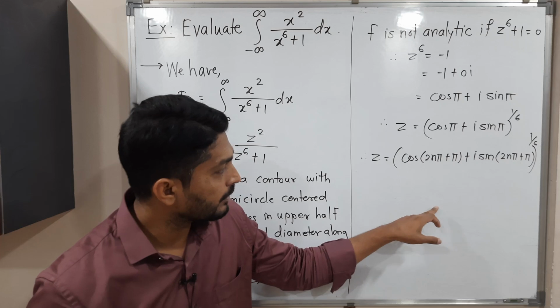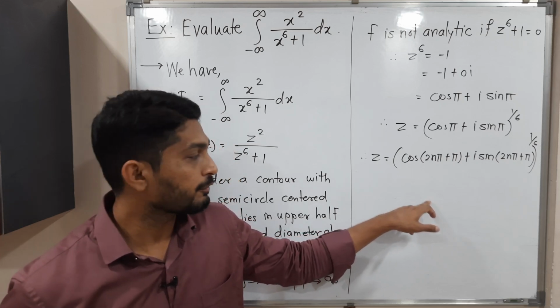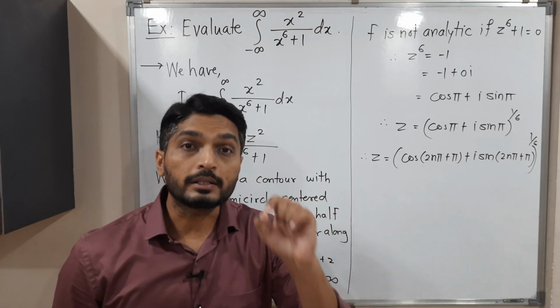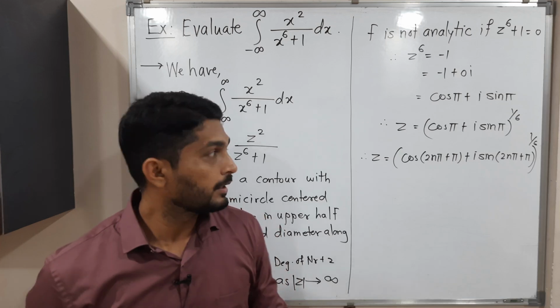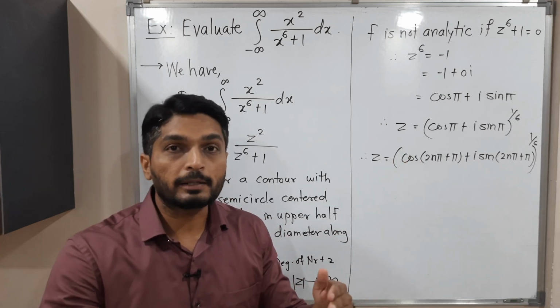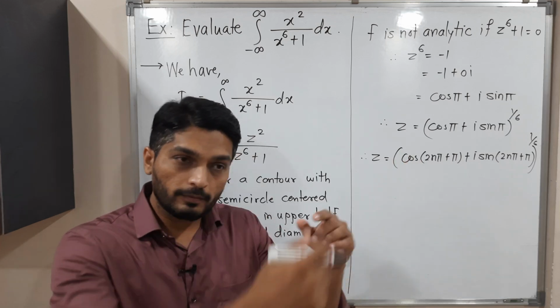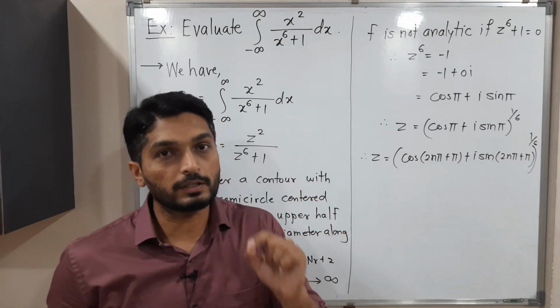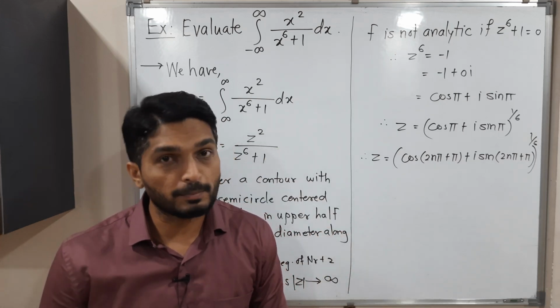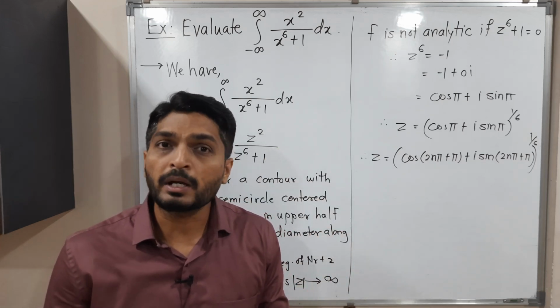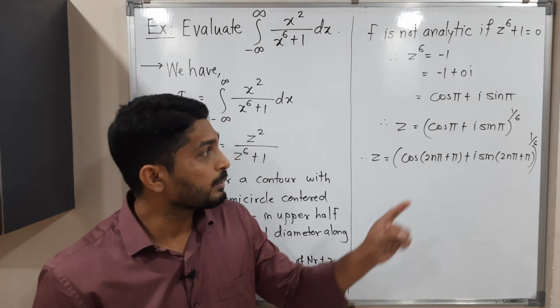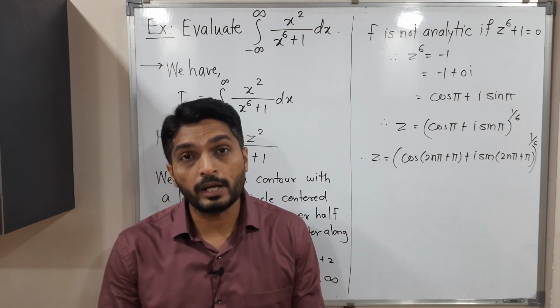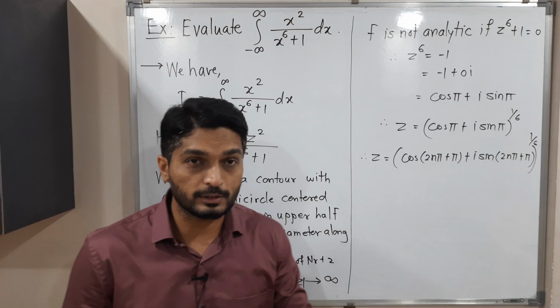If you have any complex number and you complete a circle, it reaches the same position. It means if you add 2n pi, that is n number of circles, you will get the same position of the given complex number, so it doesn't matter. Now the question is, why am I adding this 2n pi? Because we want 6 different roots. So that's why I am adding 2n pi, so we can easily get 6 roots.